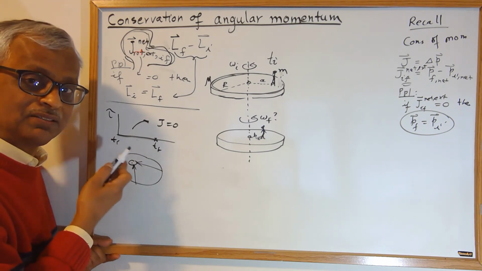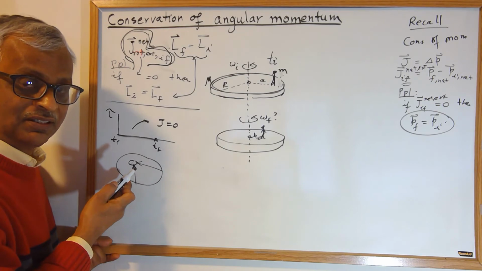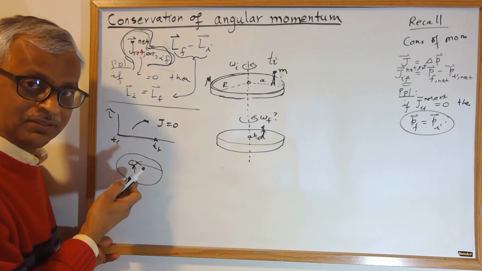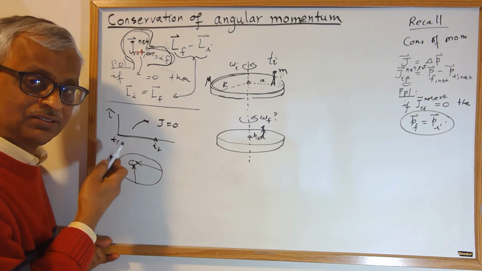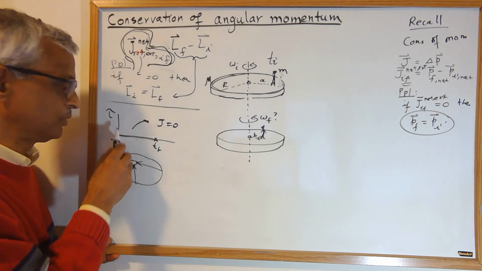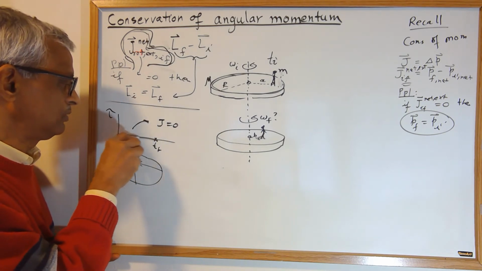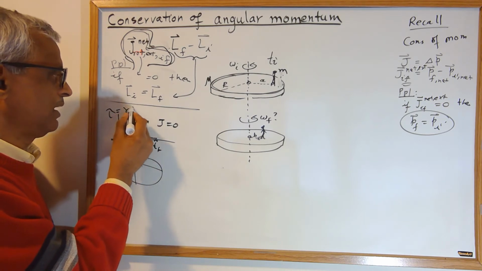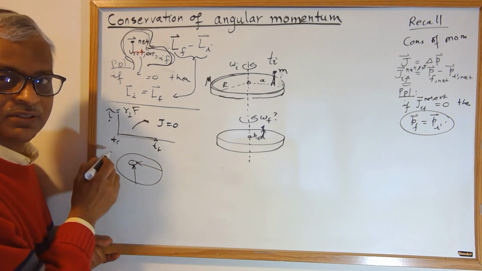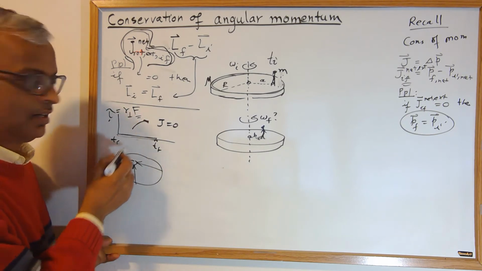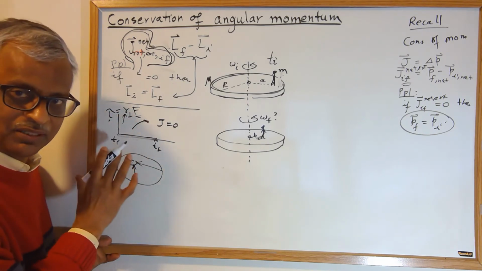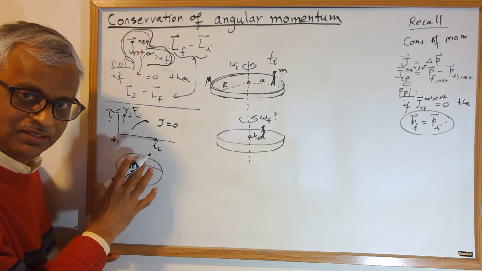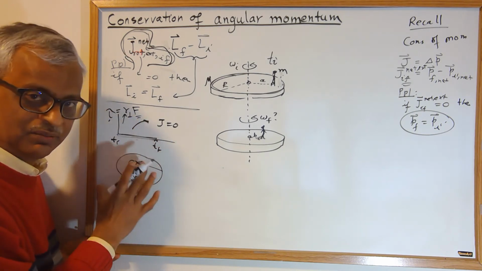Even in the presence of forces, angular momentum will be conserved, because it does not necessarily have to do with forces, it has to do with torque. Torque has to be zero, and torque is always R perp and F. So torque can be zero, not just this has to be zero. That can be zero because of that. So I'm saying sometimes you will find this situation being very useful.